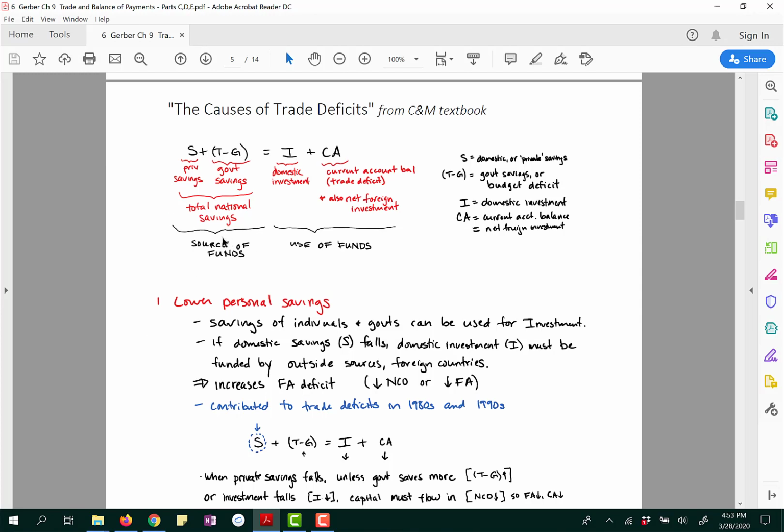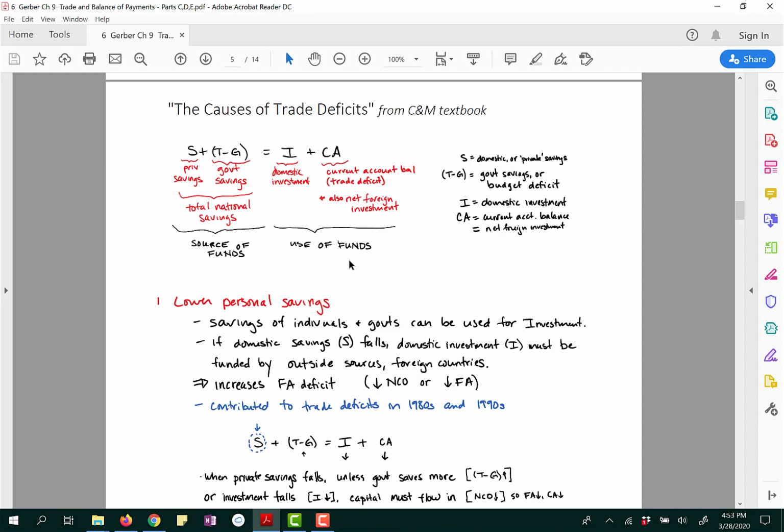And it helps to think of the left-hand side as the source of funds and the right-hand side as the use of those funds. So a current account deficit is the gap or the difference between what a nation saves and what it invests. So when we think about the causes of a trade deficit, we have to think about the things that affect savings and domestic investment.